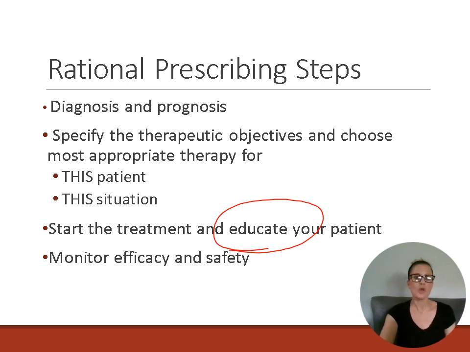Okay, so the final step is you monitor your therapy, or monitor your patient, for safety and efficacy. Monitoring will look different in different patients, different diseases, different medications. Some you've got to do lab work frequently. Some you have to monitor patients every 2 weeks, and then every month, and then every 6 months.